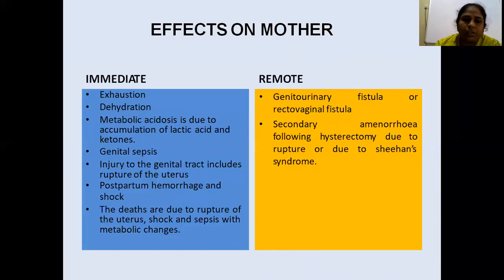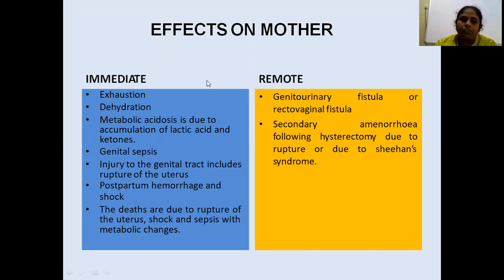Injury to the genital tract includes rupture of the uterus, which may occur if it is severe obstructed labor, postpartum hemorrhage, shock, and even death sometimes if the rupture of the uterus is not immediately treated and the shock is not treated. Remote complications are fistulas, genitourinary fistula or rectovaginal fistula.